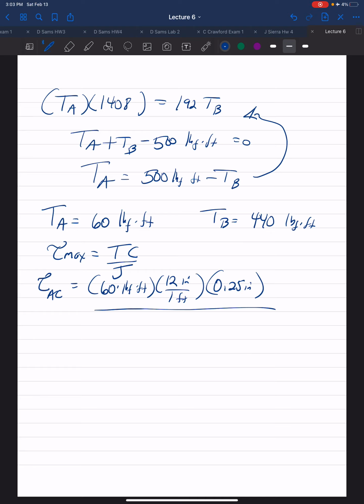This comes out to be 29.3 KSI. And for our maximum shear stress in segment DB, this comes out to be 440 pound force feet times 12 inches per 1 foot to convert my units times my outer radius 0.5 inches over my polar moment of inertia, so that'll be 26.9 KSI.